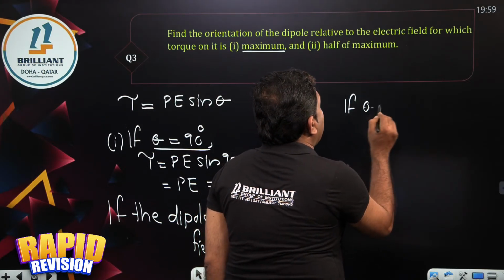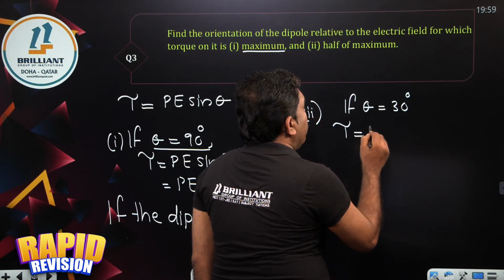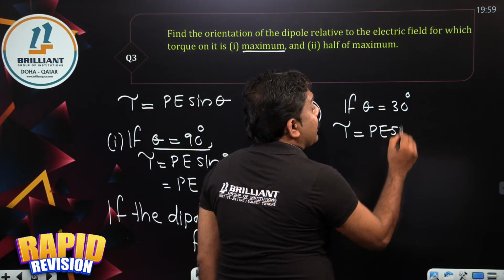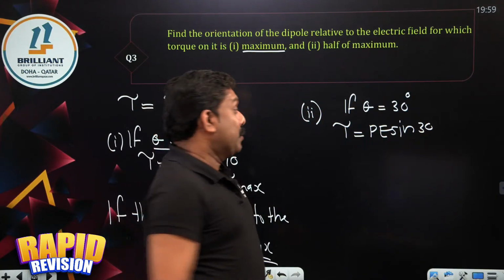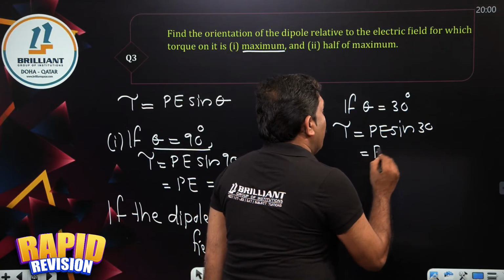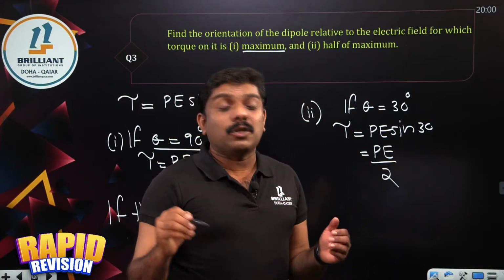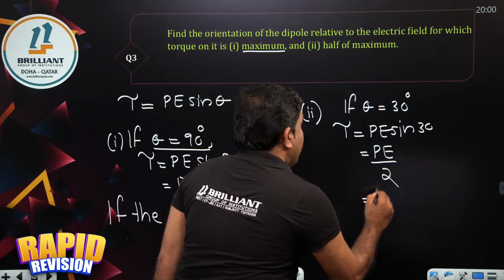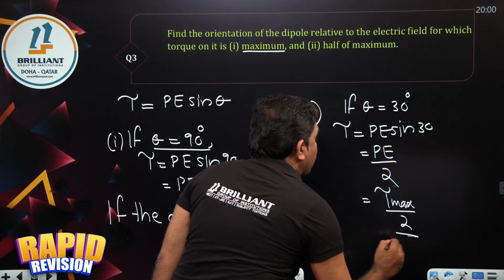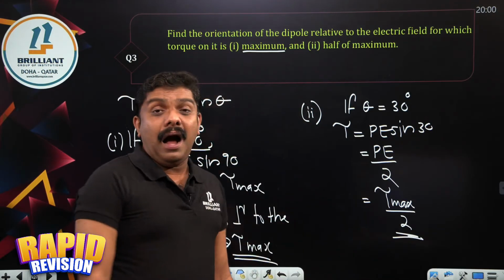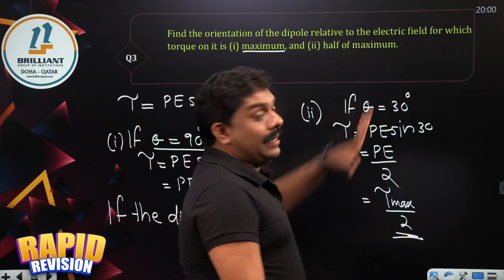If theta is equal to 30 degrees, torque is PE sine 30. Sine 30 is 1 by 2, so that is equal to PE by 2. But PE is tau max, so that is tau max divided by 2. So the torque will be half of the maximum when it is at 30 degrees.